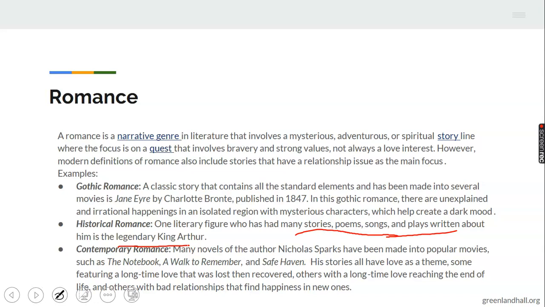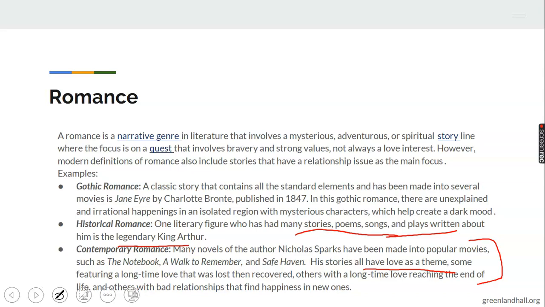Then lastly, the one we have now, the contemporary romance, which are stories of love, stories that discuss the beautiful nature of things, relationships and stuff like that. This contemporary romance is what students are used to these days when they tell you that they are reading a romantic novel.